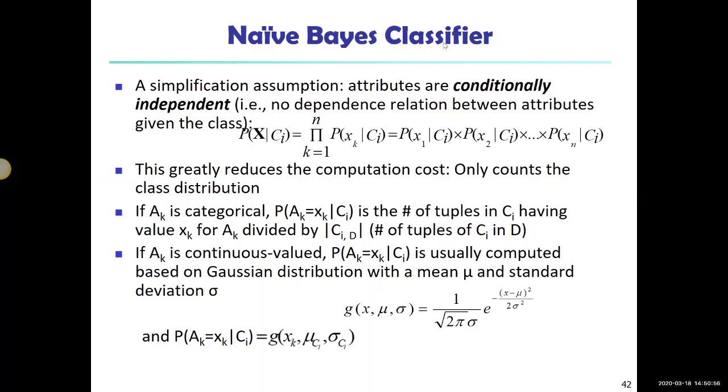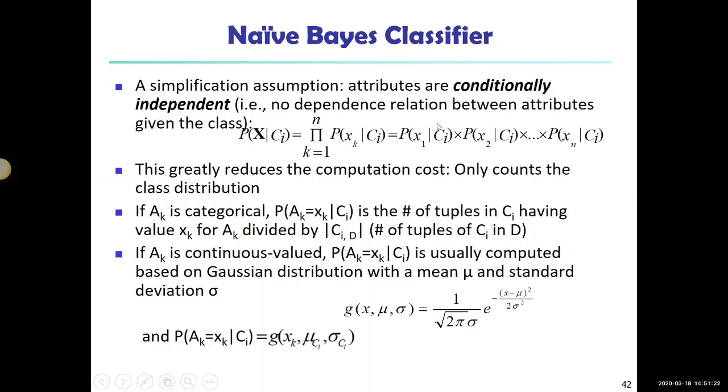Now to estimate this probability, I'll give one way. If A is categorical, counting how many times A equals xi. But if a certain attribute is a continuous value, then what do we do? One thing we can do is to assume this attribute's values are normally distributed.